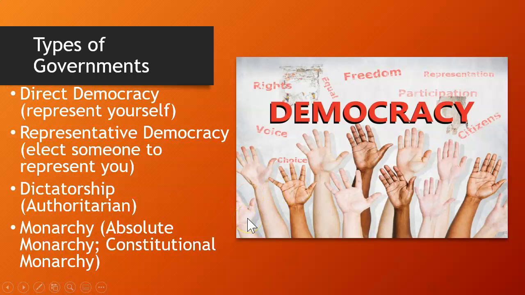And then there's monarchies, which can be absolute, where a king or queen rules by themselves, or constitutional monarchy, where the king or queen's power is limited by a constitution. Okay, with monarchies, you have power passed on from one generation to the next, and it stays in the same family. Most of them are constitutional monarchies today.